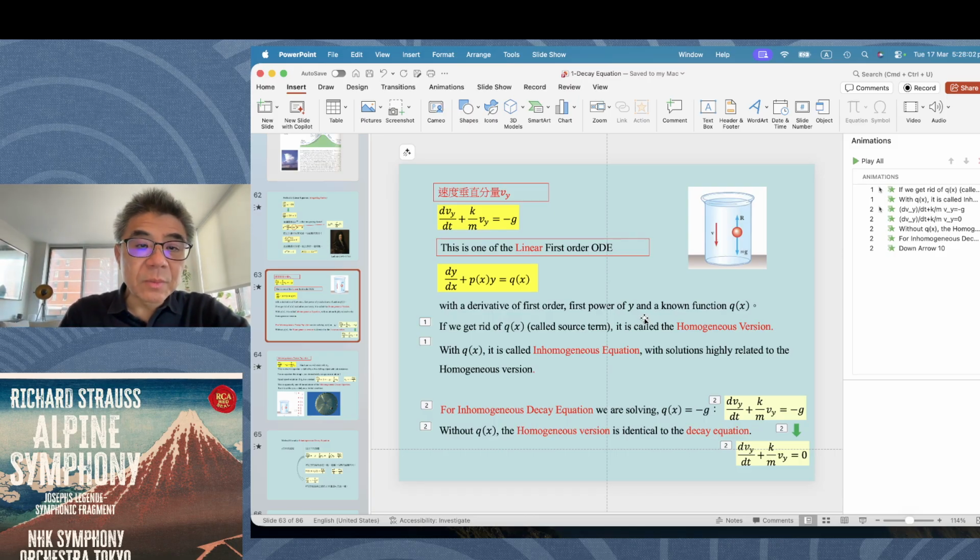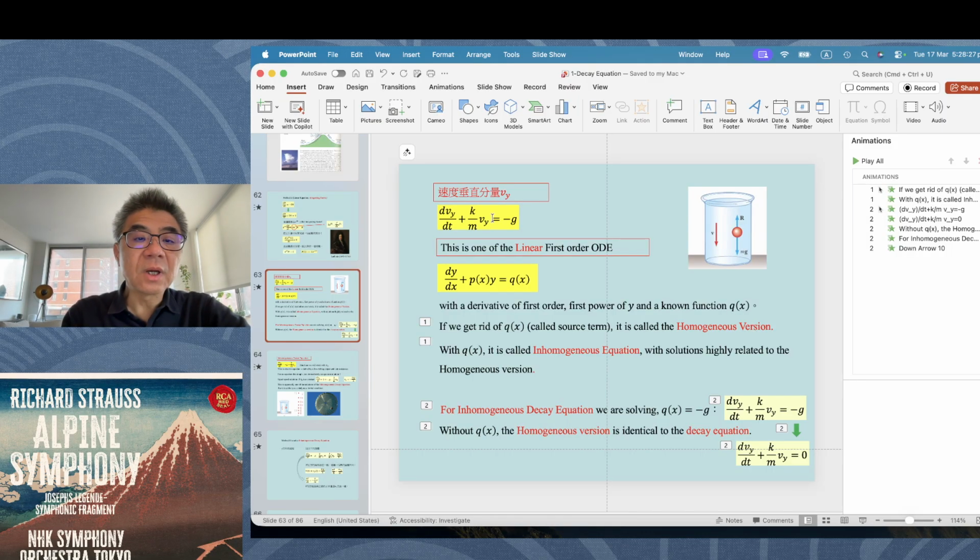And as you have remembered, the equation of motion, the differential equation is dVy/dt plus k over m times Vy. Up to these two terms, it is totally identical to the equation of motion for Vx.